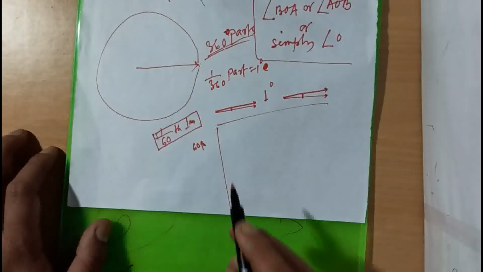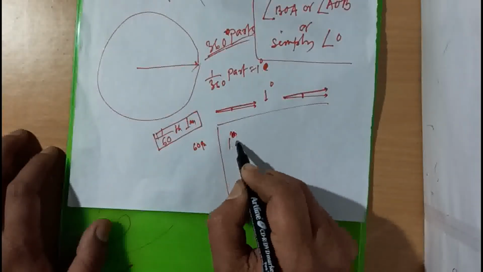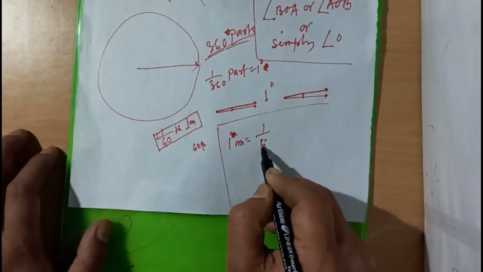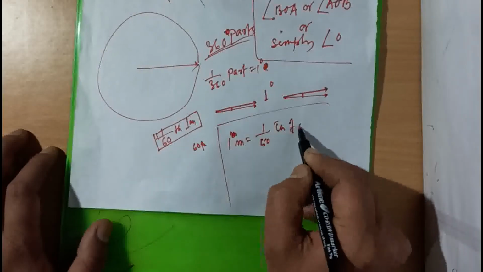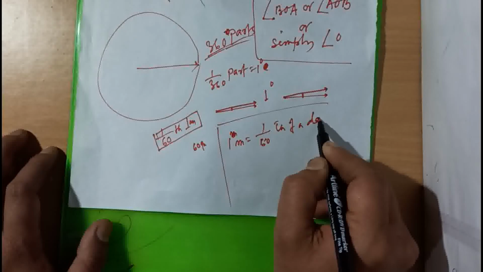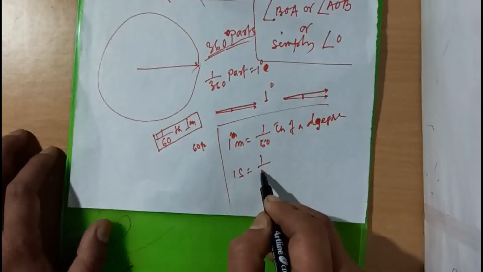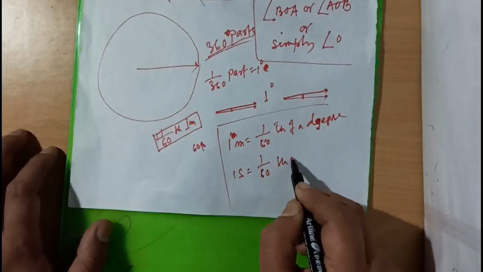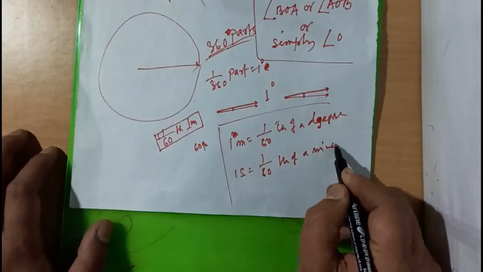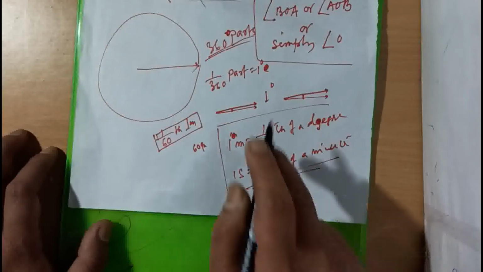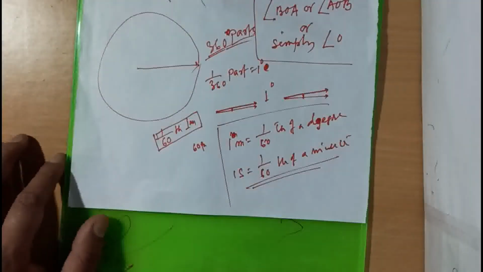So simply, 1 minute equals 1/60th of a degree, and 1 second equals 1/60th of a minute. This is about the angle and its measurement.